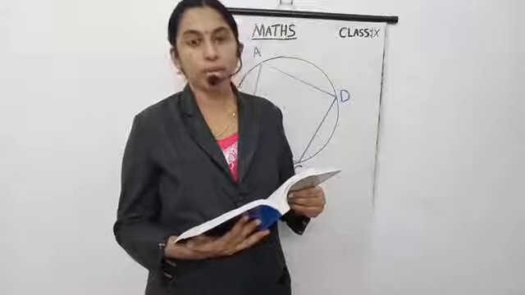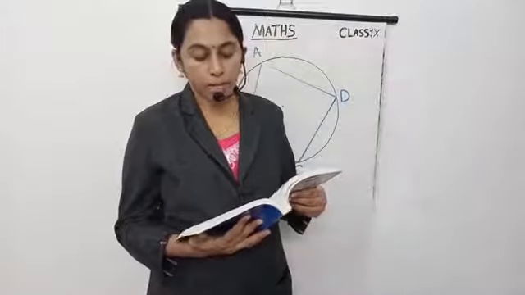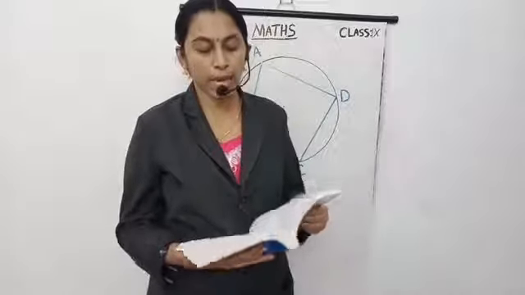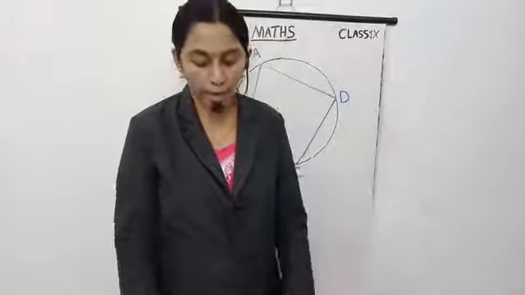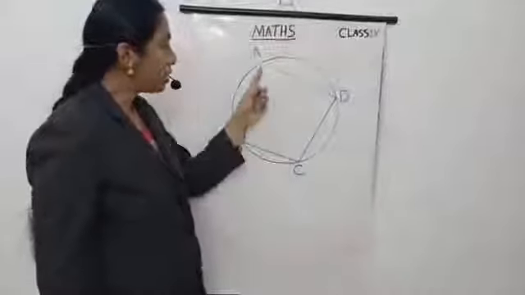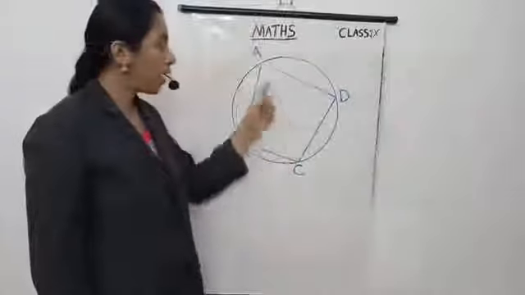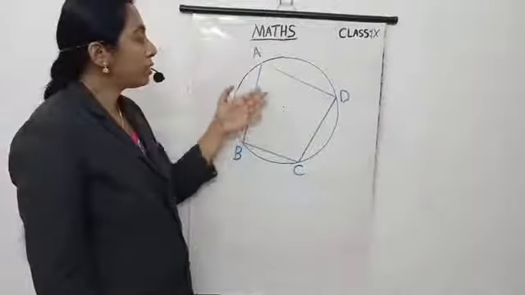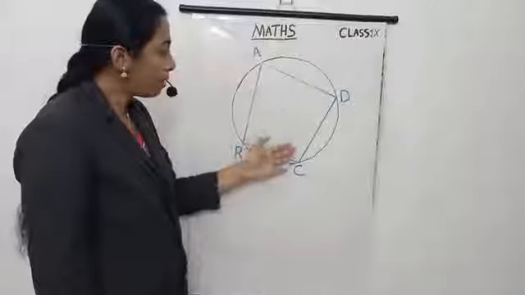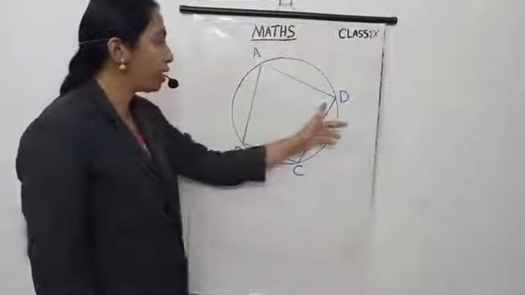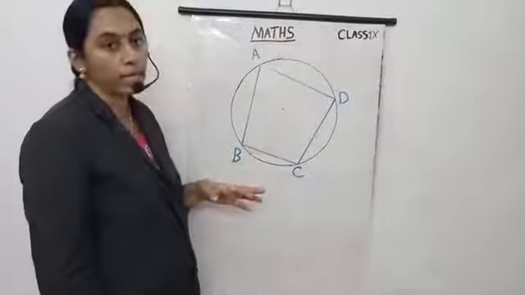Now the next theorem, theorem 10.11: the sum of either pair of opposite angles of a cyclic quadrilateral is 180 degrees. I repeat, the theorem states that angle A plus angle C equals 180 degrees and angle B plus angle D equals 180 degrees.